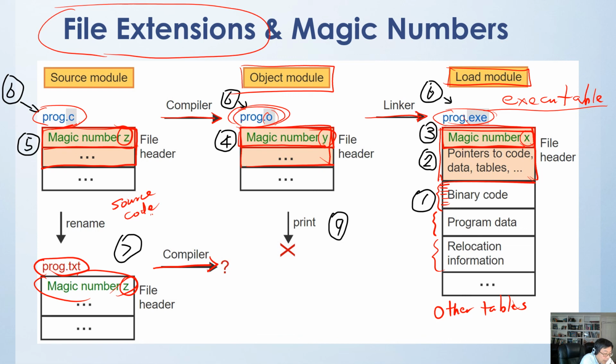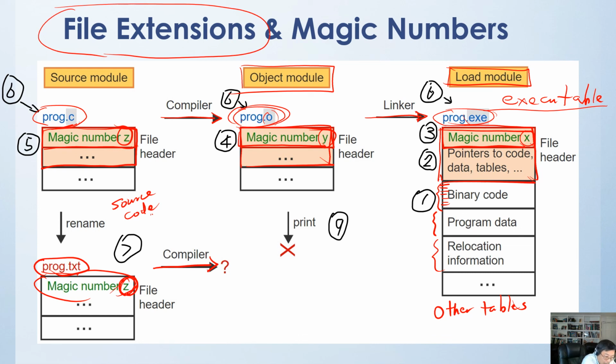They don't just check the file extension and say, oh, this is a prog.txt, so I'm the C compiler, I cannot do it. They don't only look at the file extension, they also look at the magical number. The magical number still tells the compiler that it's source code, so you can compile it and get the object code.